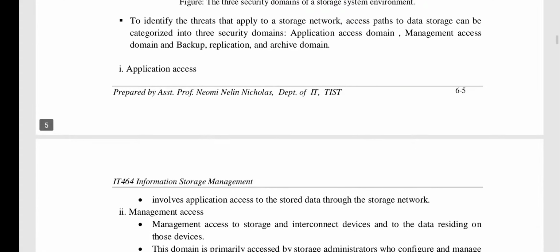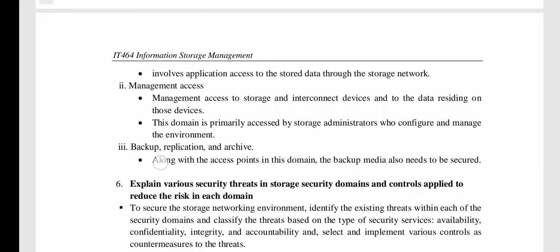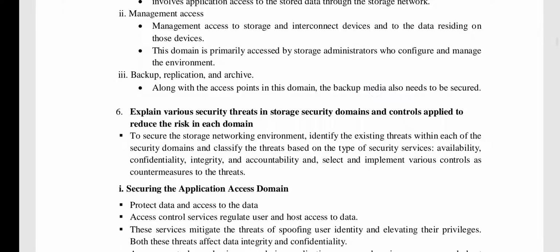Okay, so application access involves the application access to the stored data. Management would be from the management point. Okay, then backup and replication is along with the access points in this domain. The backup media should be secure. Okay, so all these are areas where you can provide security.